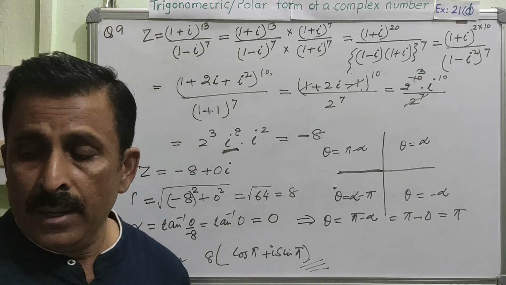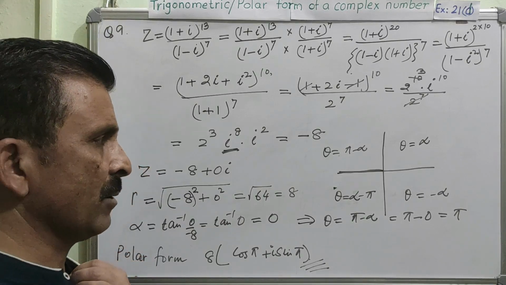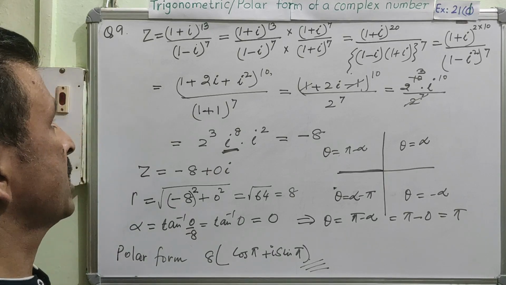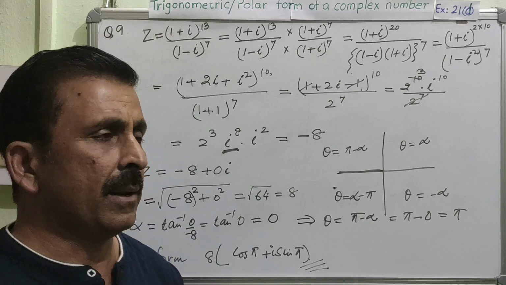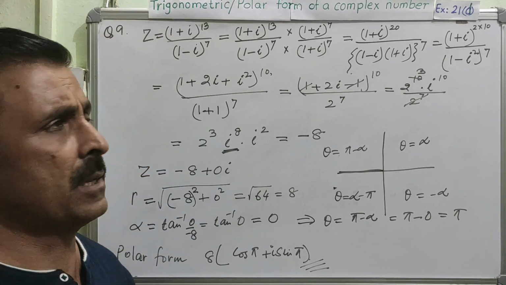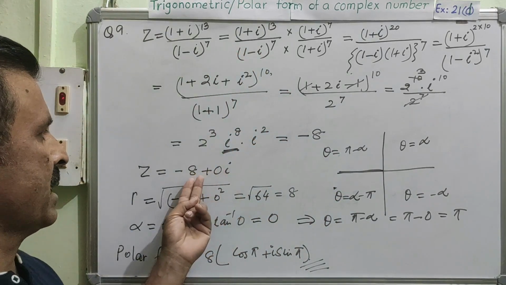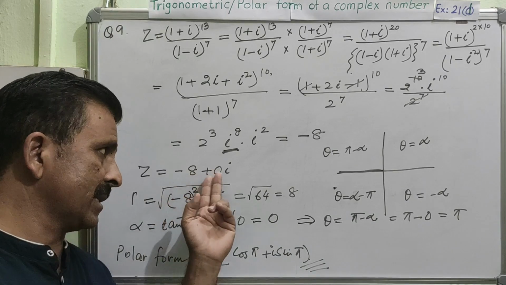Now before I end this lesson, I will tell you sometimes there is a question where the question says to plot the complex number on the plane. It's very simple to plot the complex number on the plane. Suppose your complex number is minus 8 and 0i, and as I told you, this is the real part, this is the imaginary part.